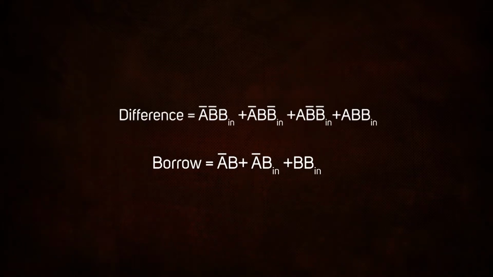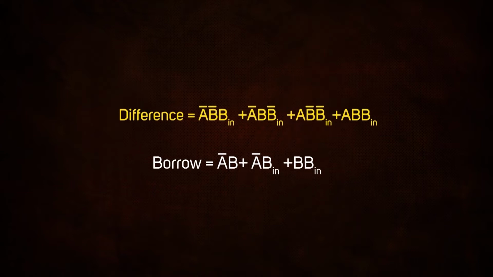Notice the expression for difference once again. Difference equal to A complement B complement Bin plus A complement B Bin complement plus A B complement Bin complement plus A B Bin. Can you recall this expression? This is the logical function of XOR gate.